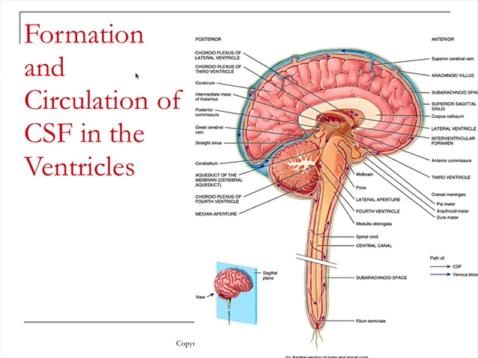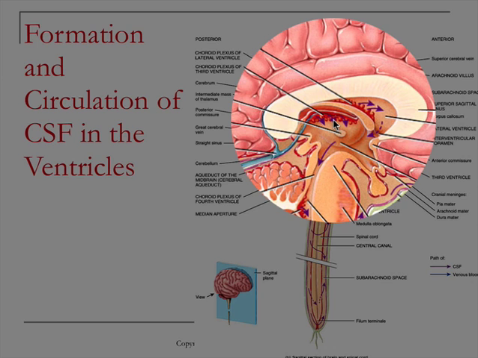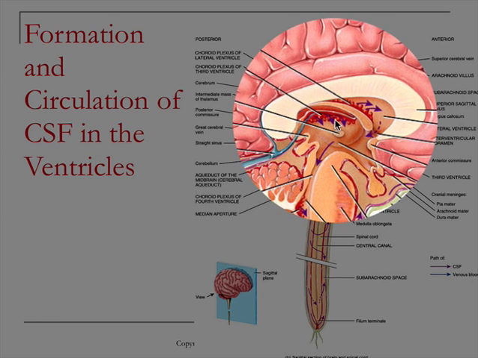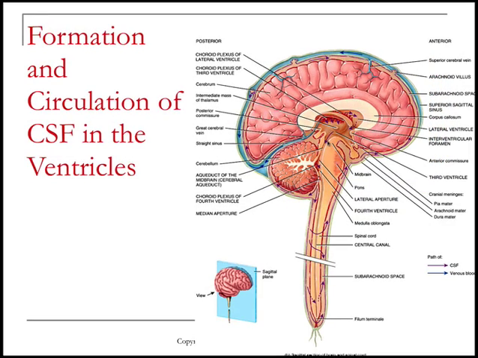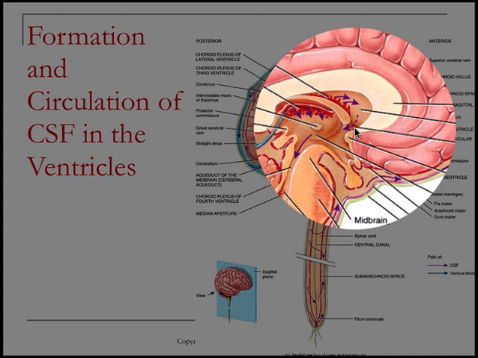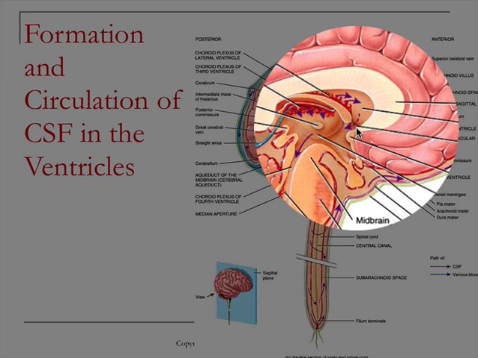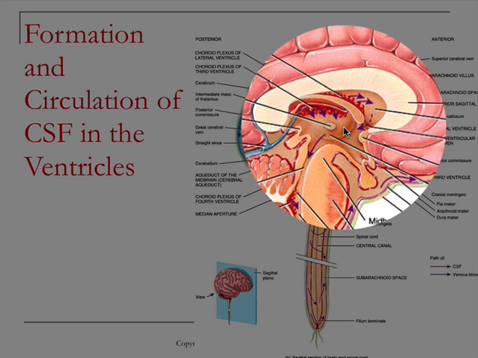Let's now take a look at a picture that illustrates where cerebrospinal fluid is produced and where it circulates. As we can see here, we have a choroid plexus in a lateral ventricle, and it is generating cerebrospinal fluid within the lateral ventricle. That cerebrospinal fluid then goes through an opening called the interventricular foramen that connects the lateral ventricles with the third ventricle.